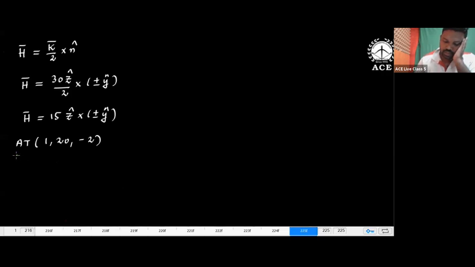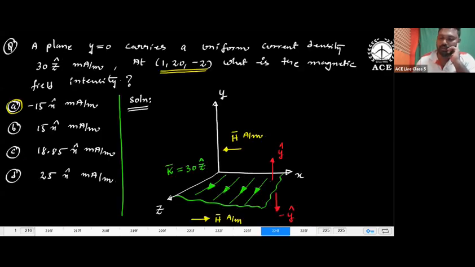Is it above the sheet or below the sheet? The infinite sheet is placed at y is equal to 0, so y is equal to 20 here. It is above the sheet. If it is above the sheet, what is the normal direction, beta? Normal direction is in the positive y.